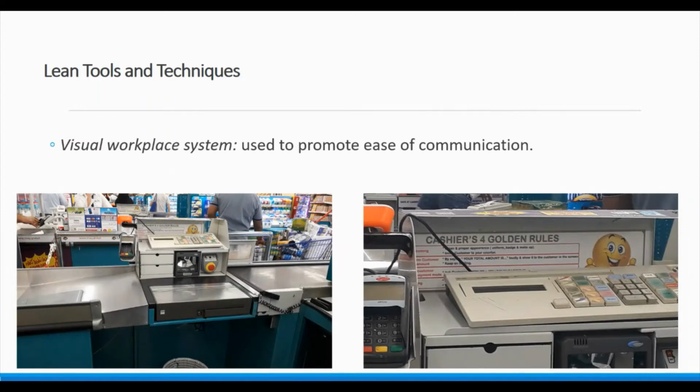And as you see here, this is the cashier area, and then they have a little poster here saying cashier's 4 golden rules, and you see it here and you see it here. So basically every cashier in this one store has like a reminder for the cashiers on how to treat the customer. Okay, so this is an example of visual workplace system.